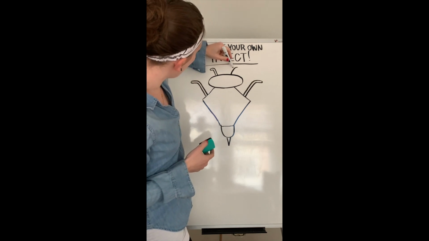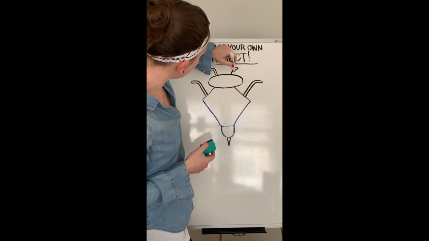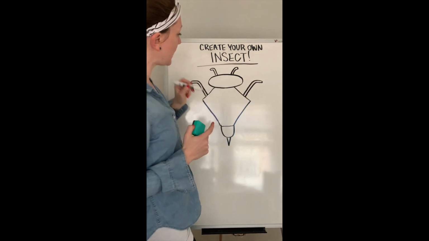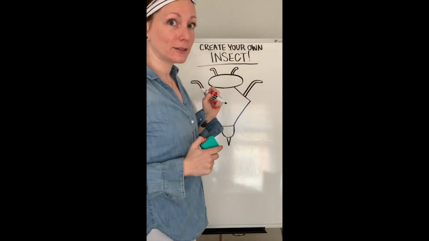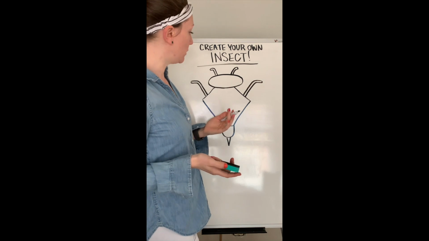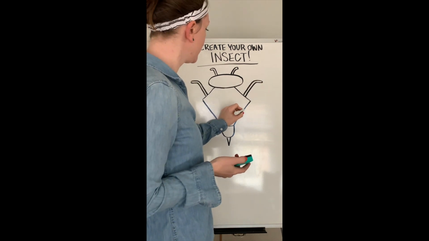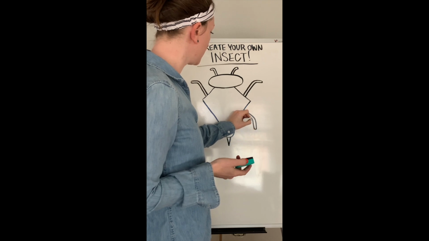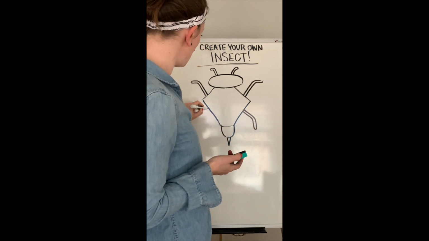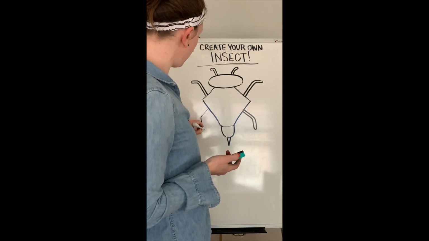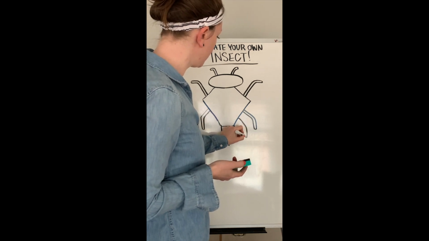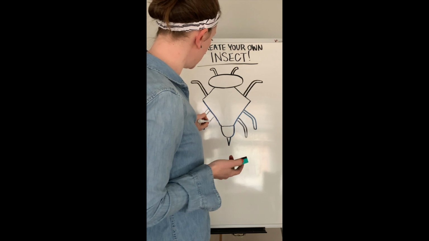So I'm going to go and fix this, turn it into a shape, make sure it's the same on both sides, same on both sides. So now I have 2 legs and I need 6. So I have to add 4 more. So I'm going to add a leg right here, making sure to keep it a tube, add a leg right here, and then I need 2 more to make it an insect.